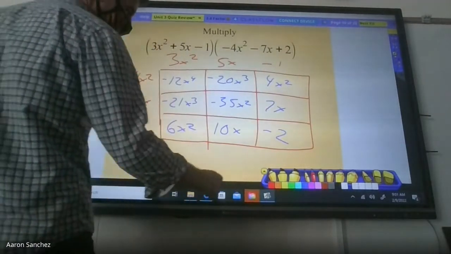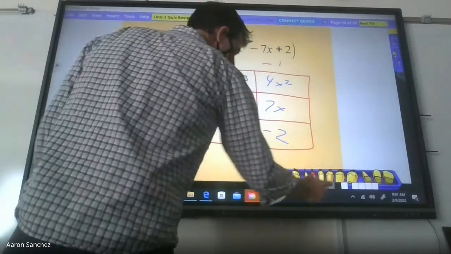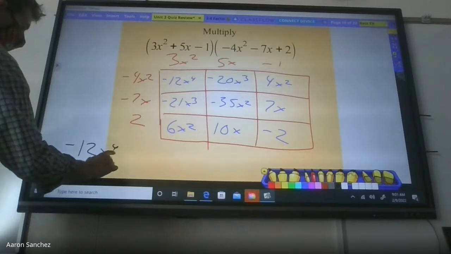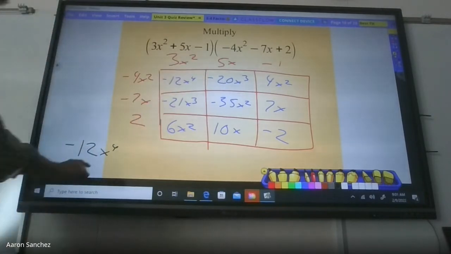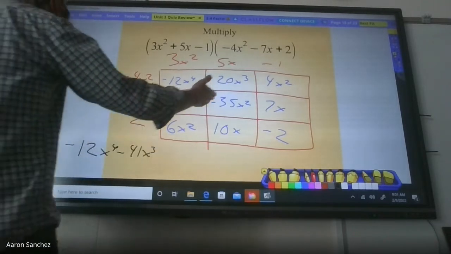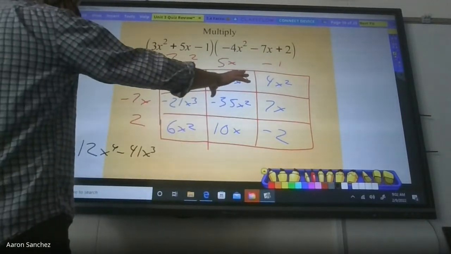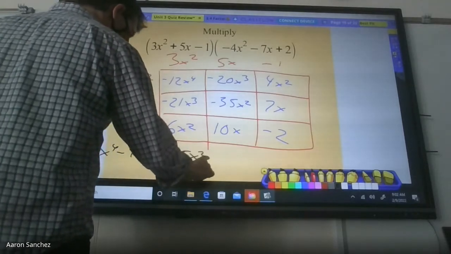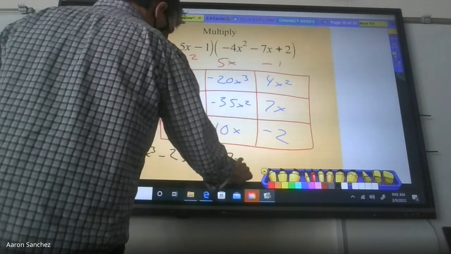So we have, let's see, I'll do it in black. You just add them up so I can fit it down here. Negative 12x to the fourth, nothing to add there. And then the x cubes, both negative 41x cubed. And then these, 10x squared, negative 25x squared, right? And then the 17x minus 2.